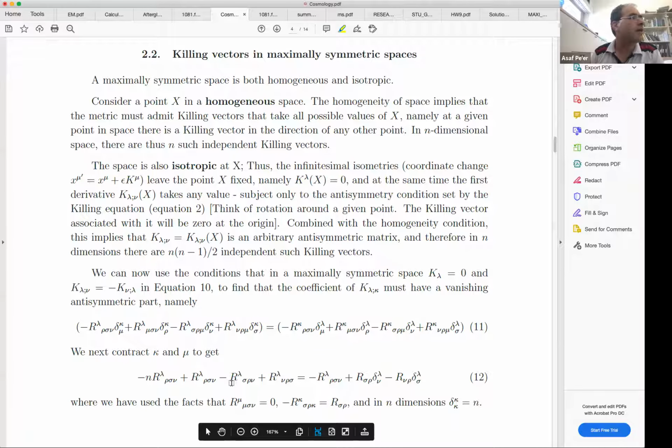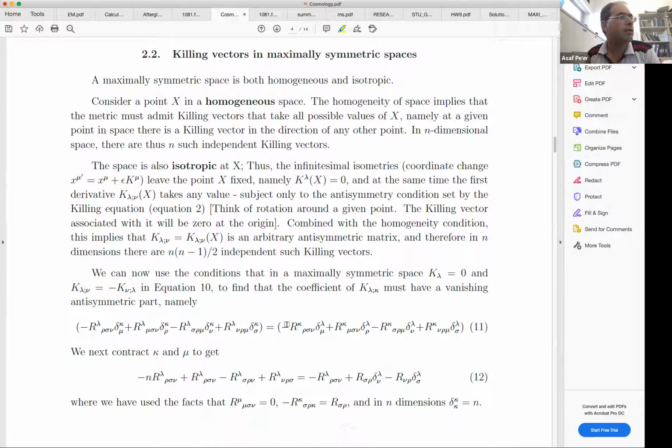And then a minus, again kappa and mu are contracted, but then I have a delta kappa nu, so that's a minus R lambda sigma rho nu. And here the same, R lambda nu rho, and then the delta mu kappa sigma, and then the contraction gives us just sigma as the last term.